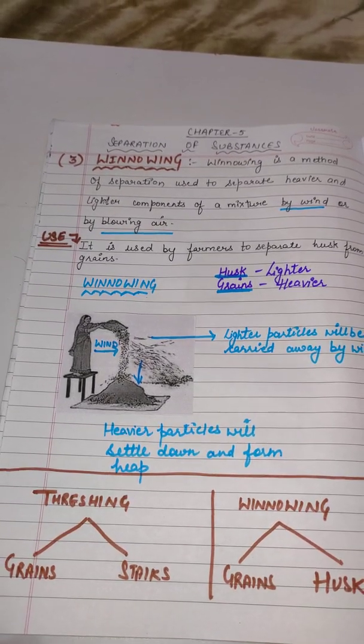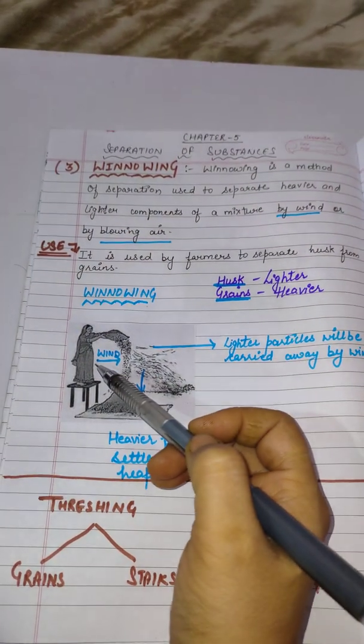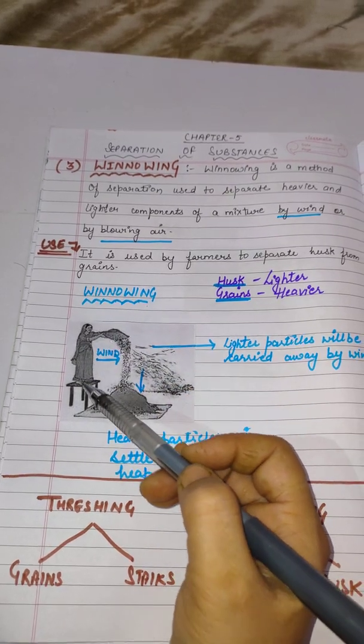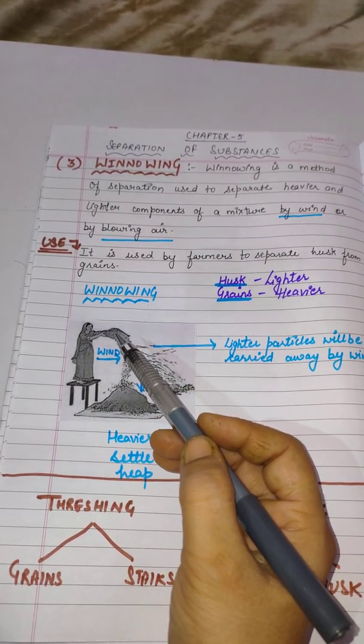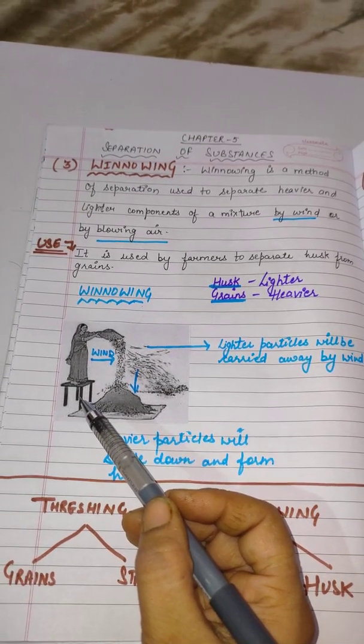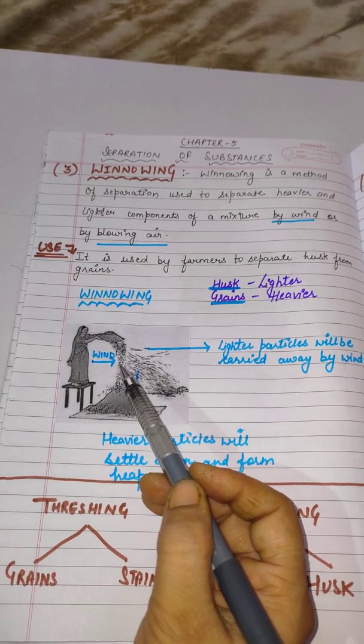So now we will understand winnowing with the help of this diagram. Here you can see a woman who is standing on a raised platform. Now suppose the wind is blowing in this direction.